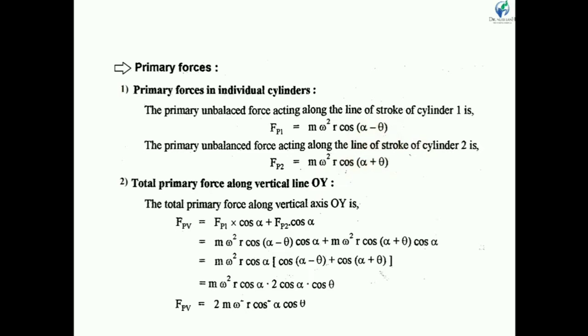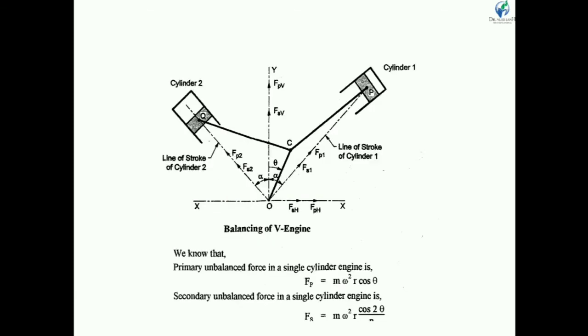So now we obtain two equations. Fp1 is the primary unbalanced force acting along the line of stroke of cylinder 1, and Fp2 is the primary unbalanced force acting along the line of stroke of cylinder 2. Now, the total primary force along the vertical line: this force has one vertical component and this force also has one vertical component.